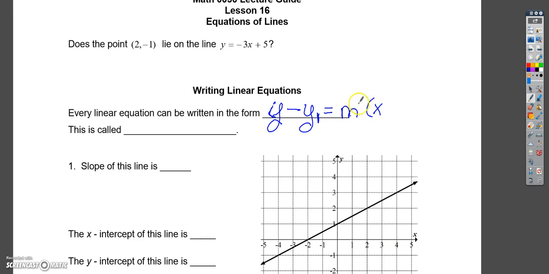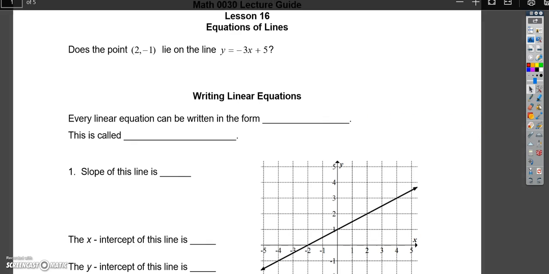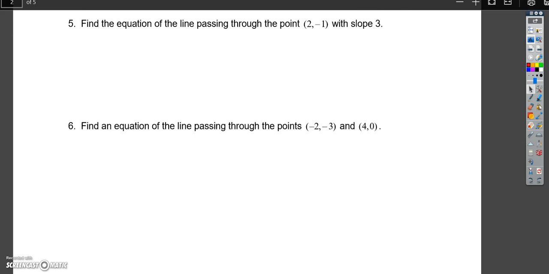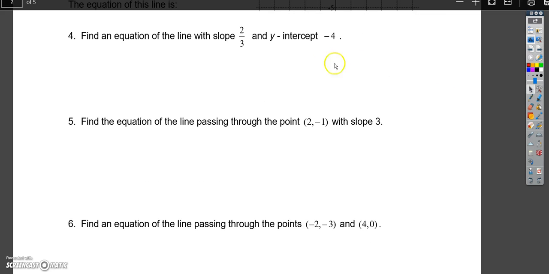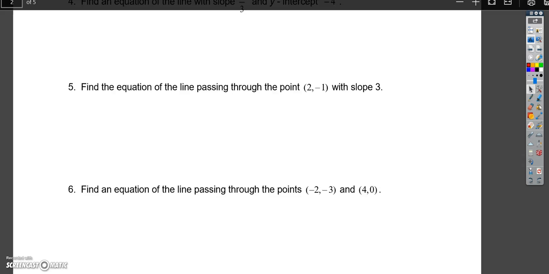No, because you can't do vertical equations in that form. So I take that back. We were on number 5.